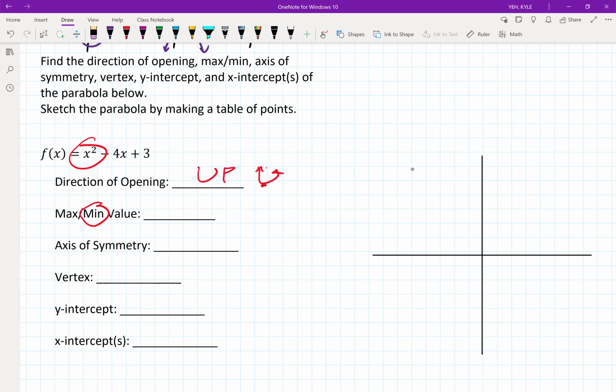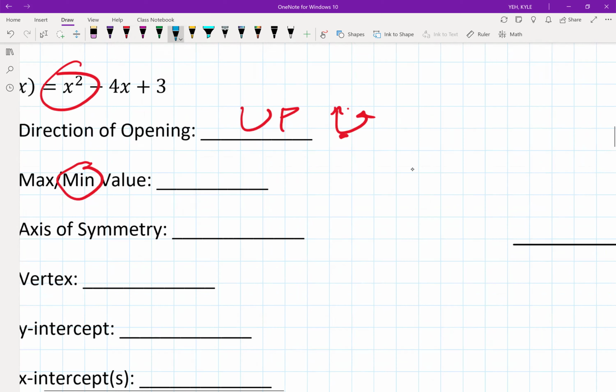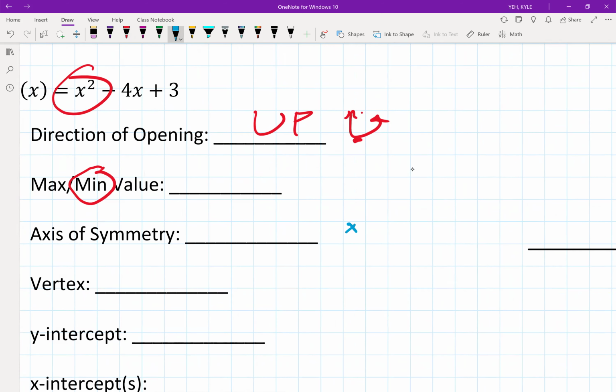So axis of symmetry, I'm going to change colors to be blue. We know that the axis of symmetry can be found with the equation x equals negative b over 2a. And I'm just going to say x equals negative, what is my b value in this function? Looks like negative 4. I didn't circle that very well.